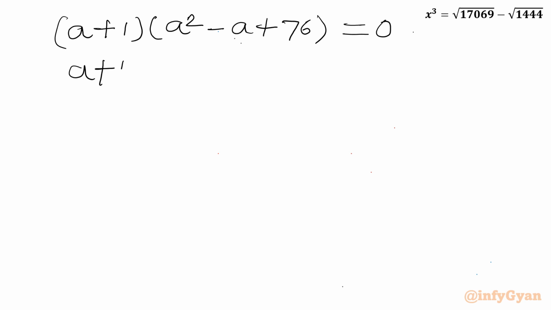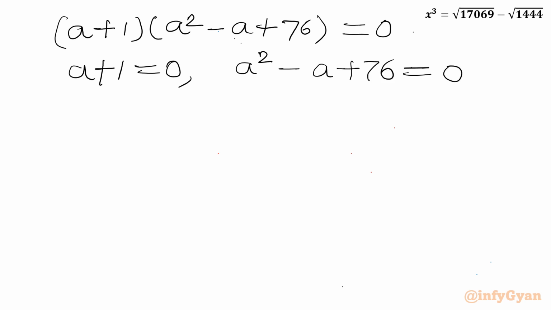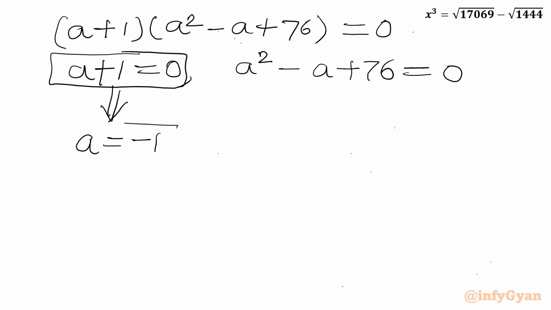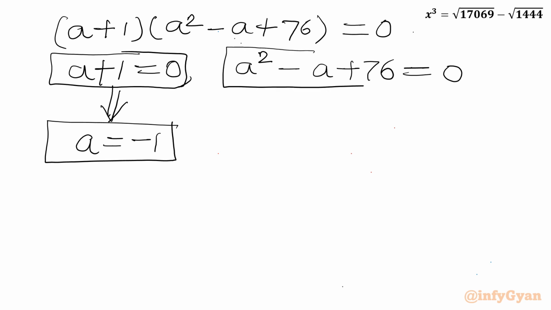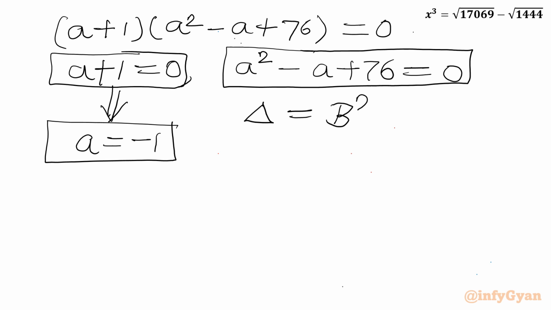So the conclusion becomes A plus 1 will be 0 or A square minus A plus 76 will be 0. So from this equation we can generate A equal to minus 1, which is true and real. Now come to this quadratic equation. I will check only the discriminant. This formula is b square minus 4 times ac. So b is minus 1.